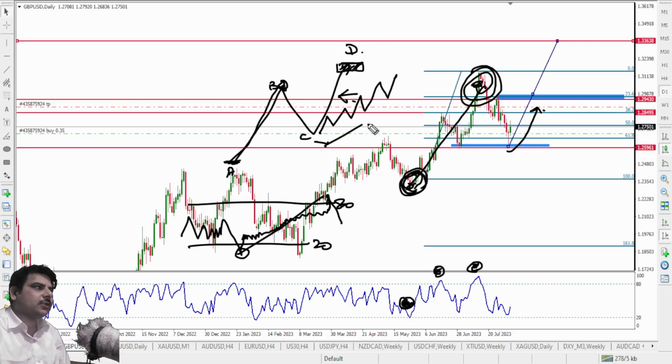So similarly from right here till 1.29430, I'm going to remain bullish, and right here I may close some of my deals, or I definitely will be closing them if I get any reversal sort of candlestick pattern, price action I should say.